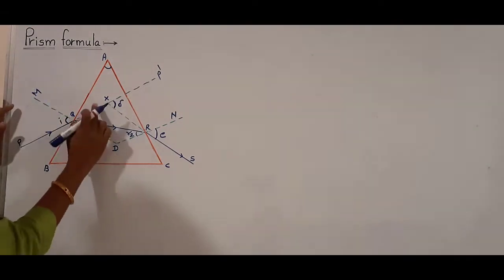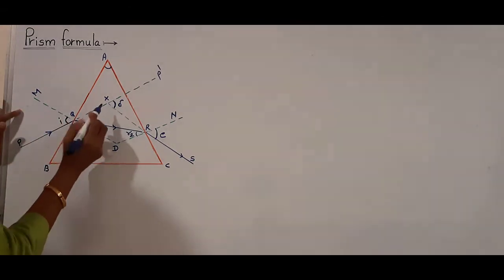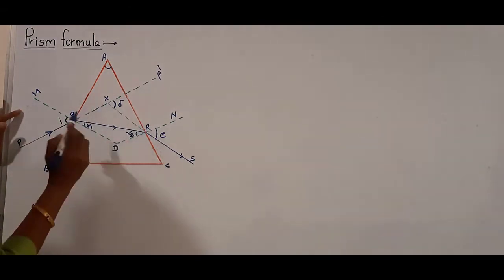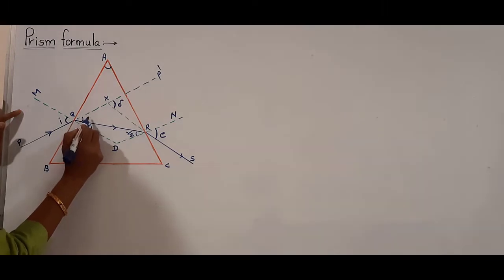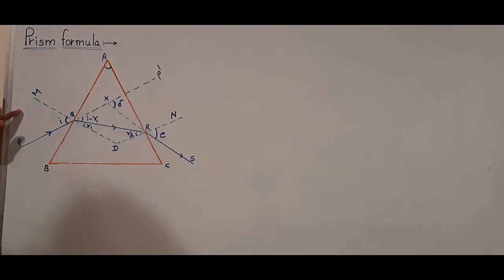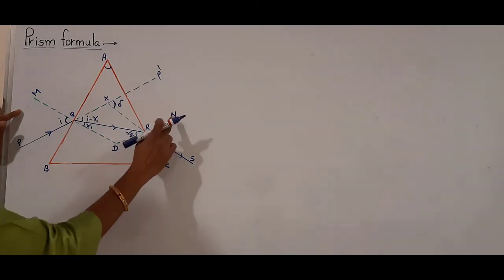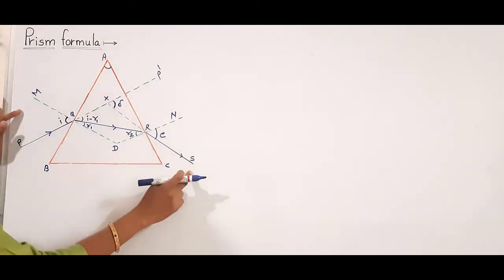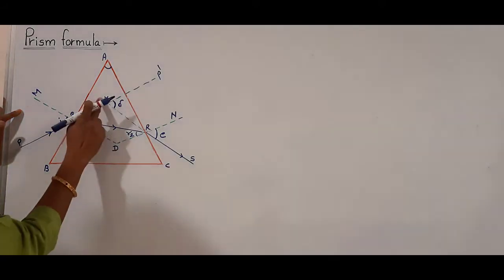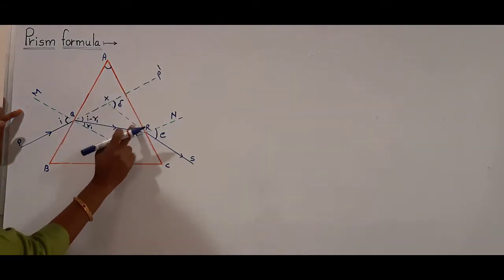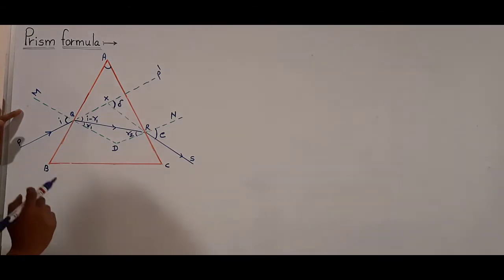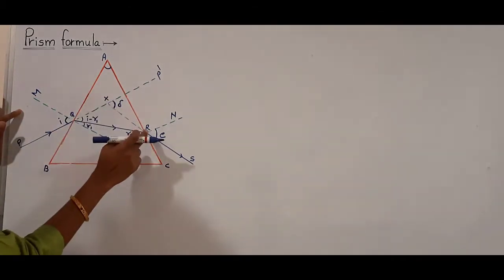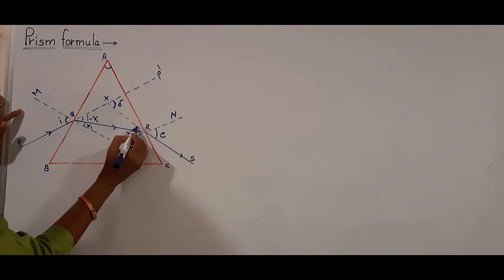As both these angles are opposite, this angle XQR we can write down as I minus R1. Similar way, angle NRS and angle XRD are opposite angles. Therefore, angle XRQ can also be written as E minus R2.